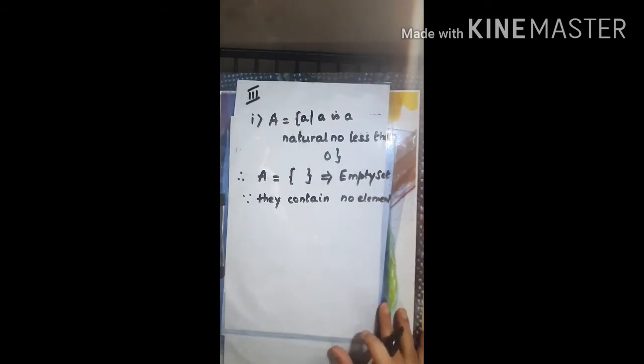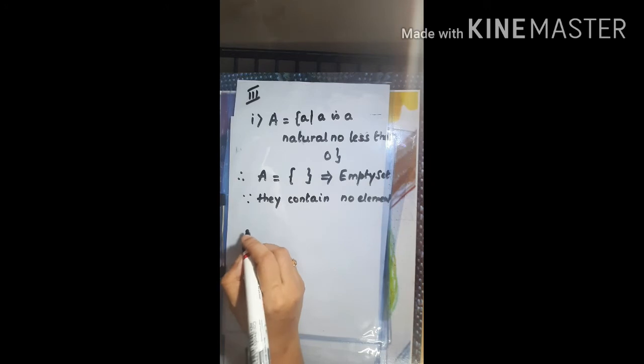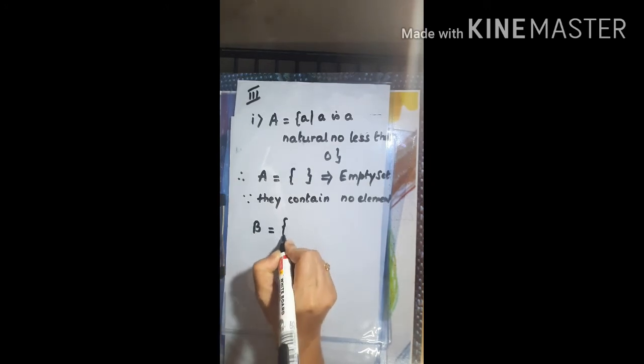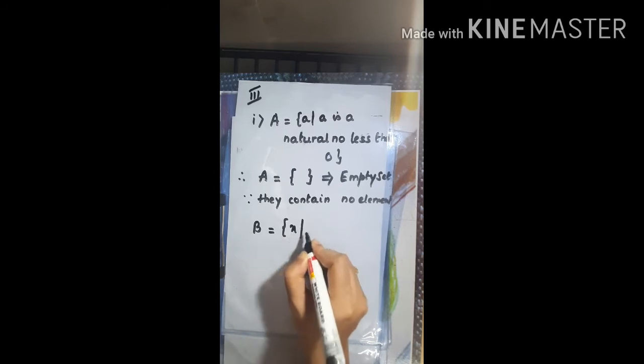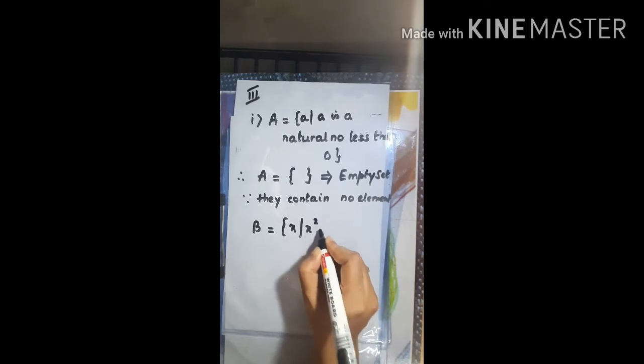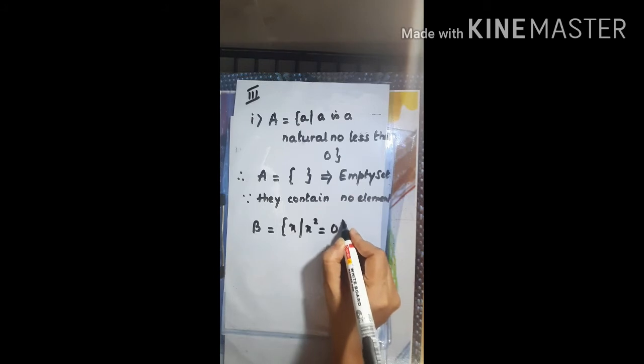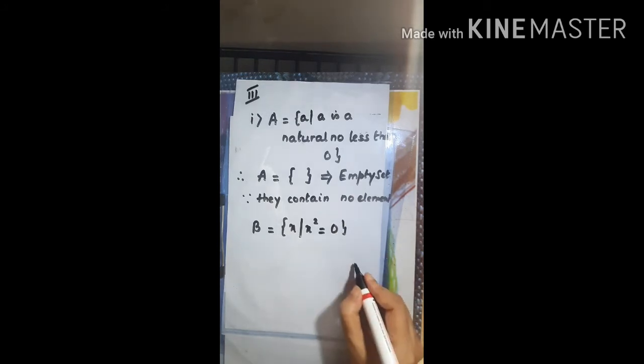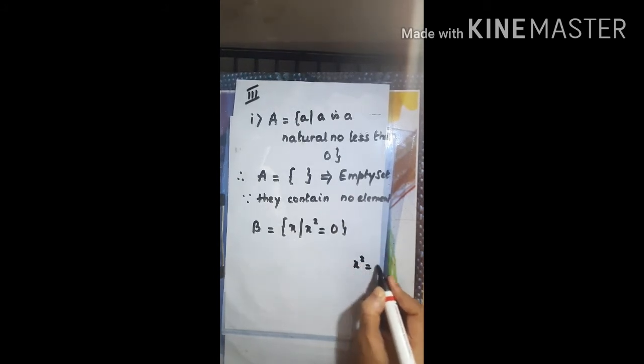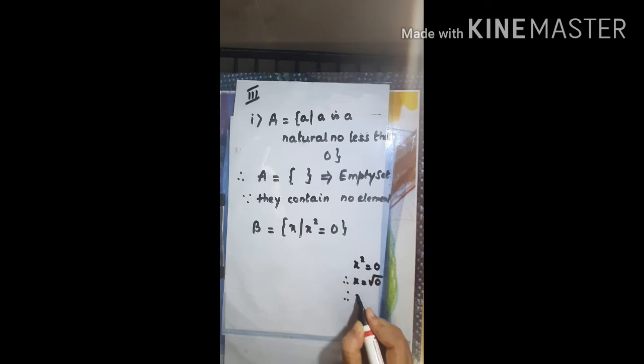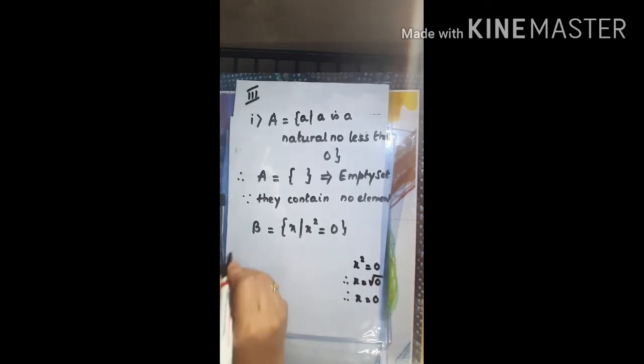Okay, next one. B is a set of all x such that x square is equal to 0. Now you solve this. x square is equal to 0. Therefore, x is equal to square root of 0. What is square root of 0? Square root of 0 is 0.